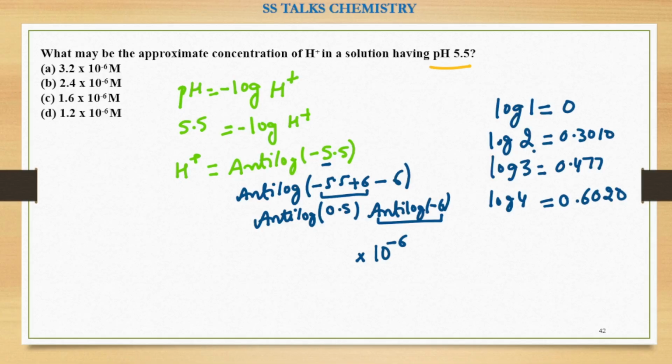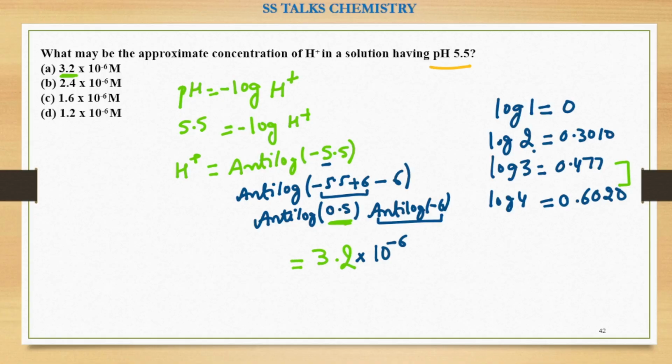Now you see, the value of the antilog of 0.5 is going to lie between log 3 and log 4. So that means our answer will be between these two only. Suppose it is approximately 3.2 into 10 raised to the power of minus 6. From the options you can see this value was given, which is why I have taken this one. So this is how we can solve this without a calculator.